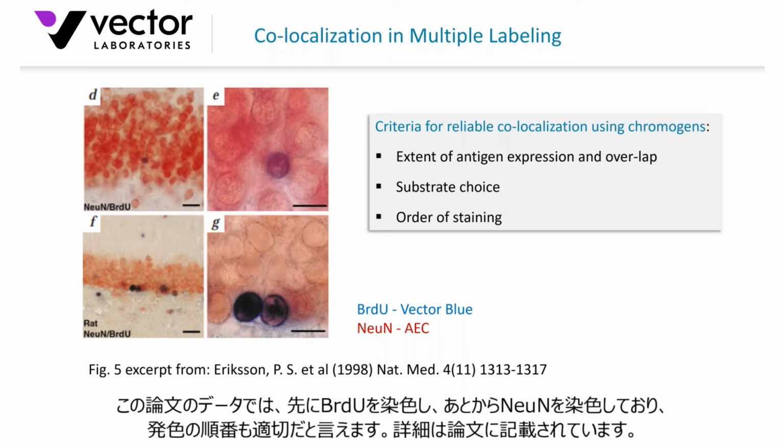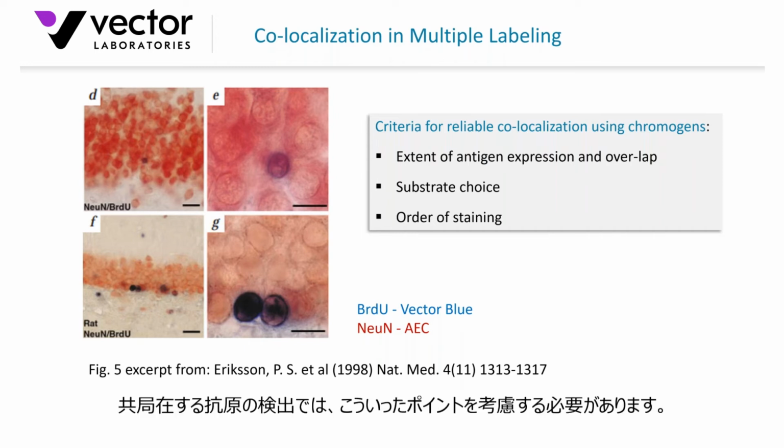I think these authors also had success with the order of the staining, whether or not they put the BrdU down first, followed by the NeuN. Certainly you can visit the given paper to clarify those points. But if you were looking at co-localization, you're going to have to give some serious consideration to some of these points I've highlighted here.